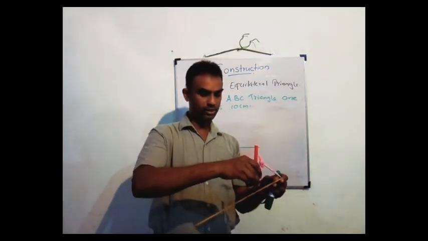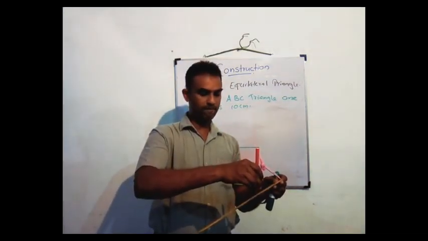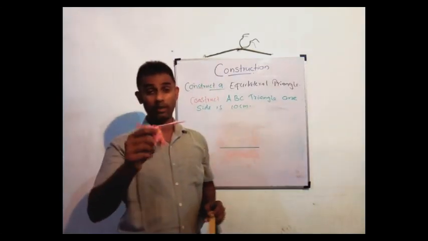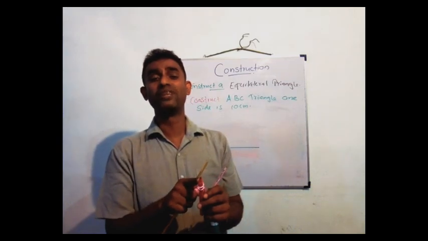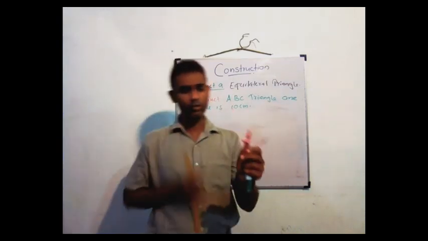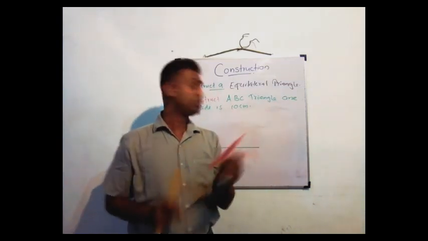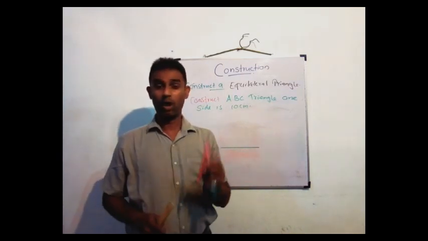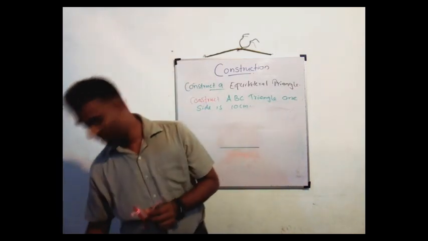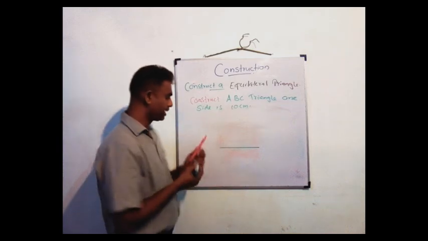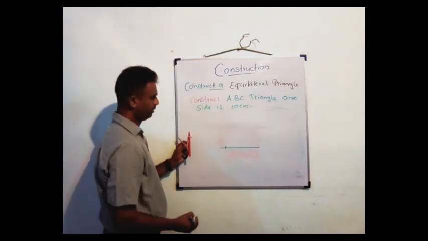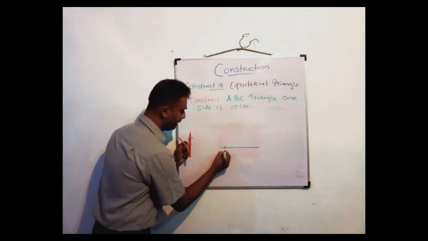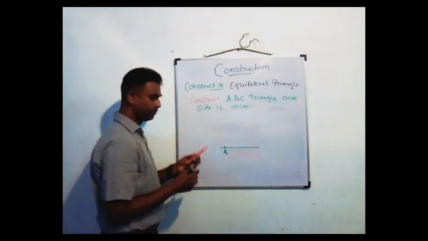You should use a sharp pencil here, but I am using the pen to make it easy for your display. Next, I put the mark here, and mark it as A.